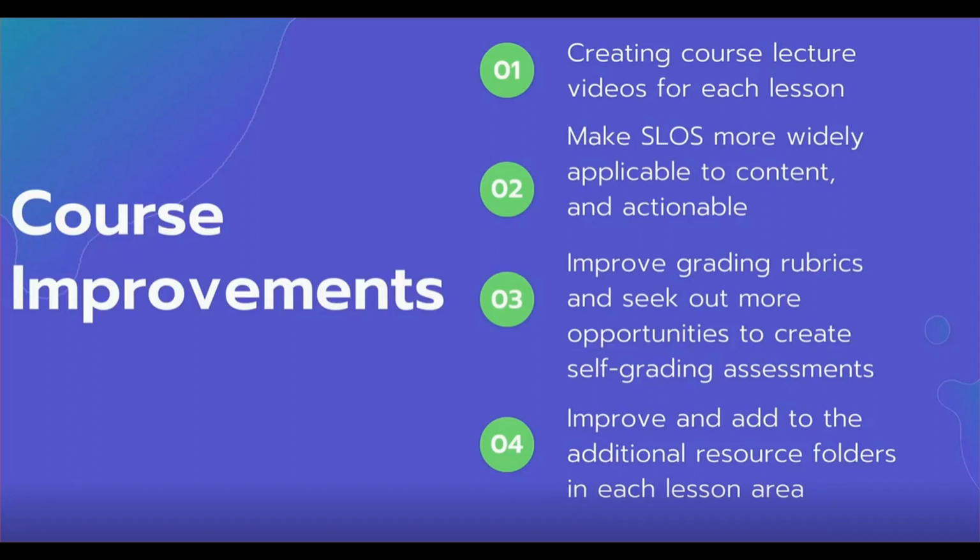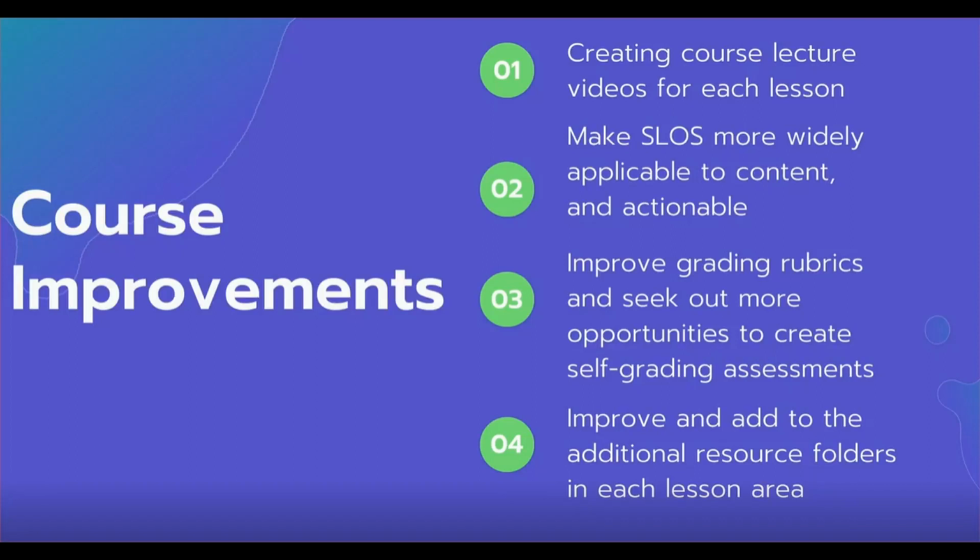I also wanted to review my learning objectives and make sure I had widely applicable learning objectives and that they were actionable. I went through my course and improved my grading rubrics. And I also sought out some ways to create some additional self-grading assessments throughout the course.